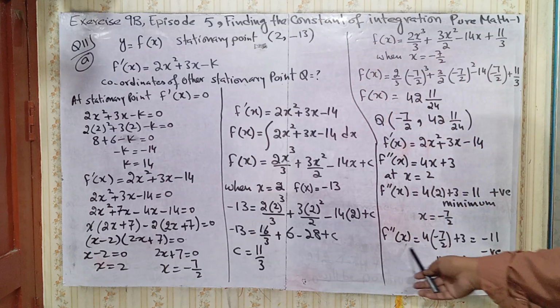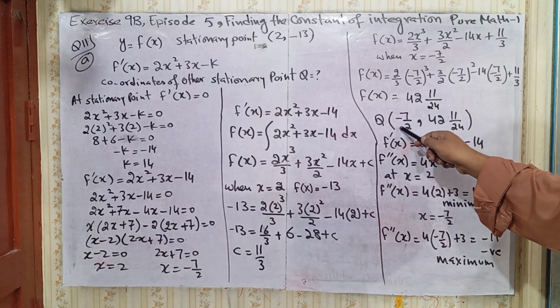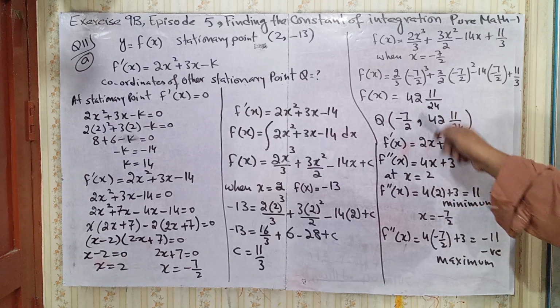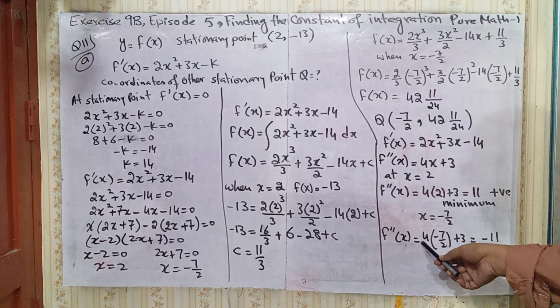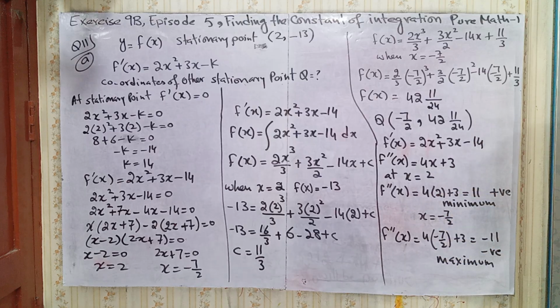And in the second derivative, if I use Q, which is the other stationary point, I will use x as minus 7 by 2. So when I put x equals minus 7 by 2 in the second derivative, my answer is minus 11, which is negative. When the second derivative at an x value is negative, that means it's a maximum point.